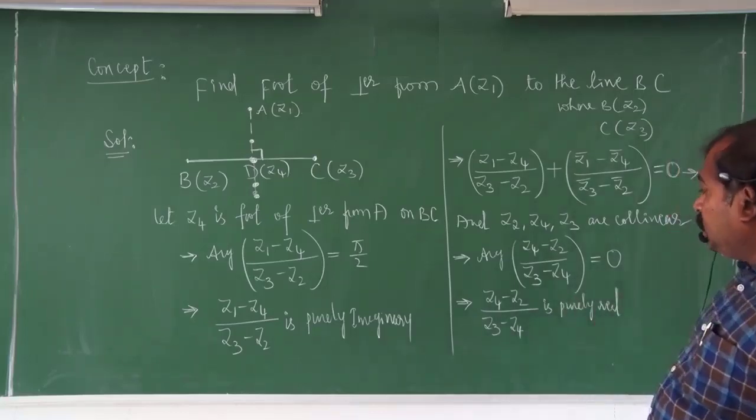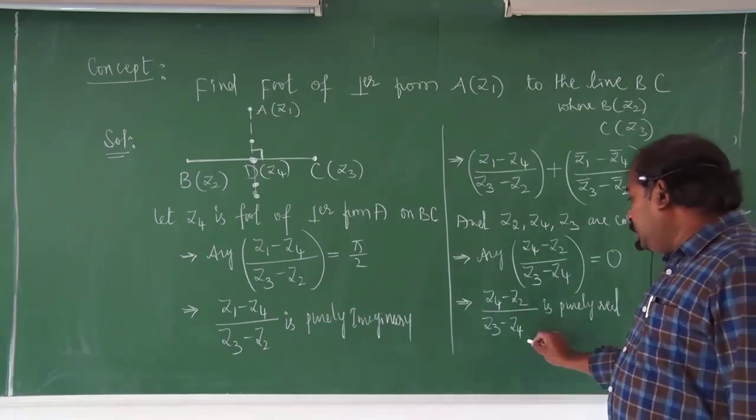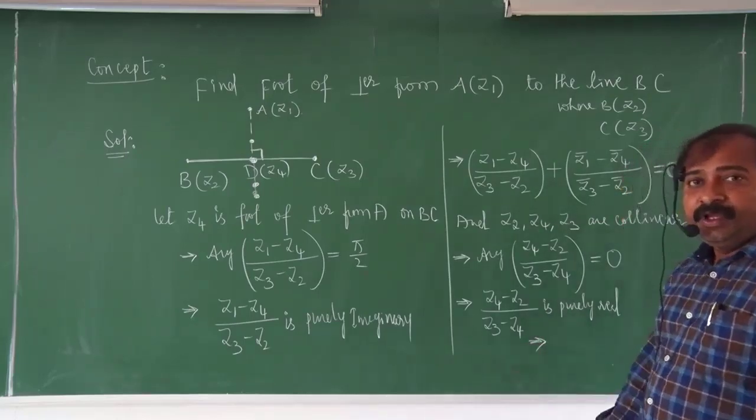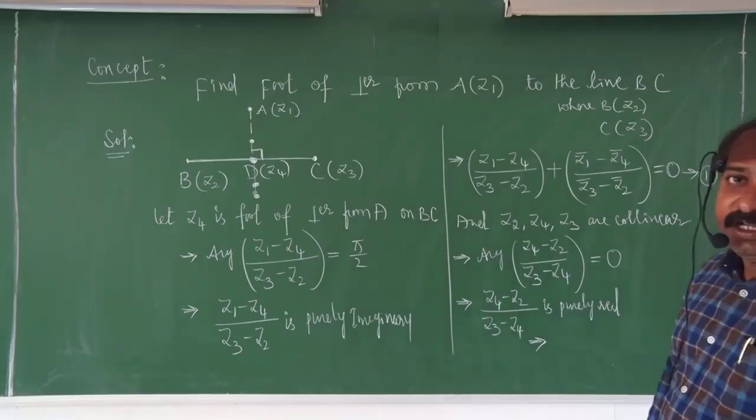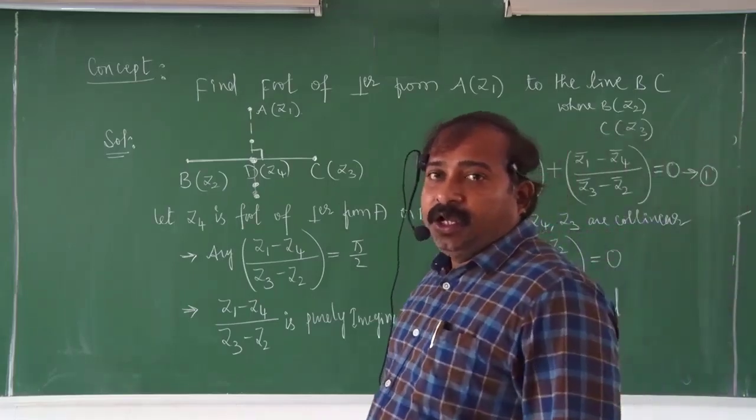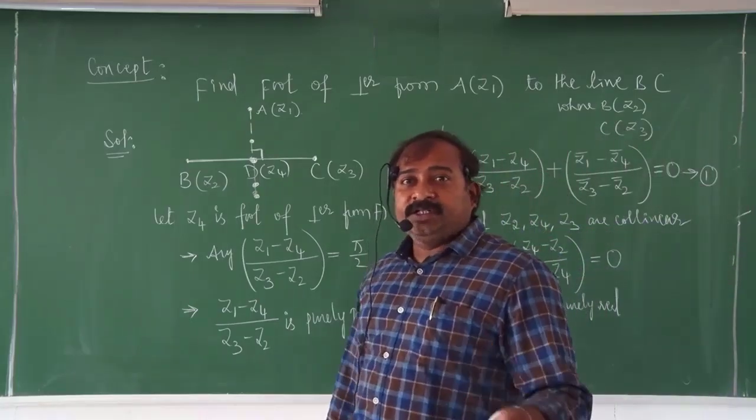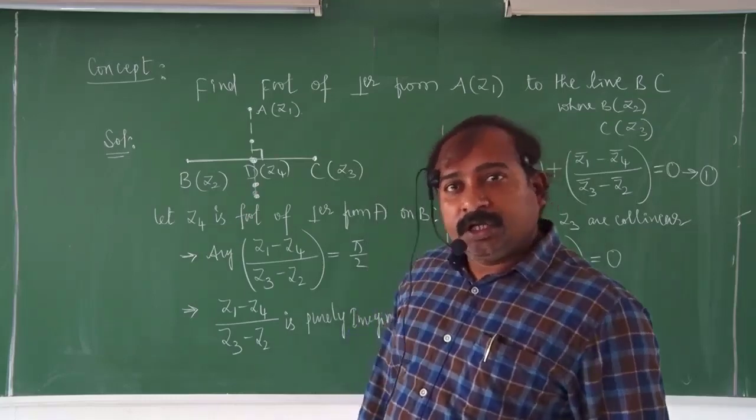For any complex number Z, if it is purely real, that complex number and its conjugate are equal.